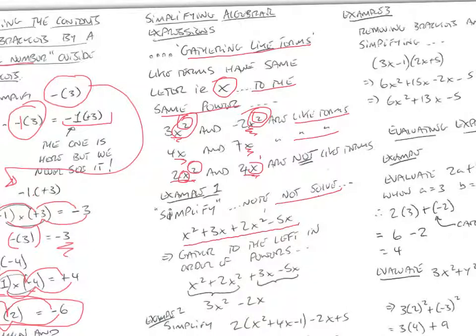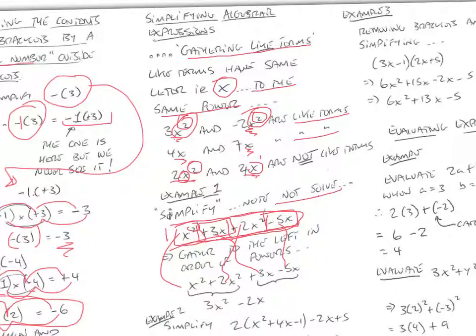And the way to approach these is to rewrite what you see, the best way from left to right in order of the highest powers, the 2's, the ones that you don't see, and then if there's just numbers by themselves with no variable. So basically we gather in order of the powers. So I have x squared plus 2x squared plus 3x minus 5x. And don't forget that the sign travels with the terms.